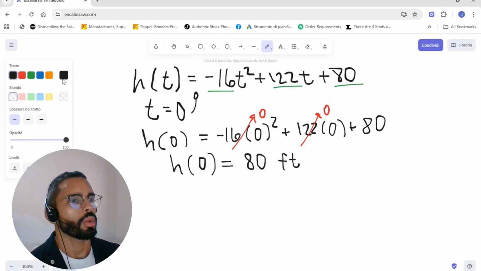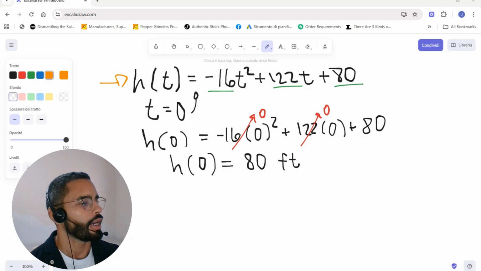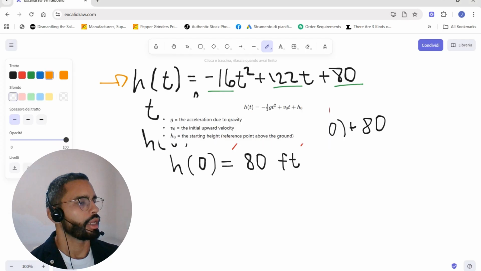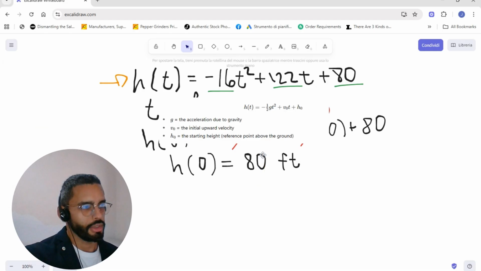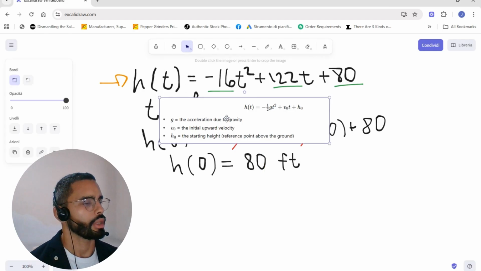And you remember where we get this equation from? It's all right, no worries. This equation comes from physics, and there is an equation that I would like to share with you. It comes from this particular equation that we have right here.